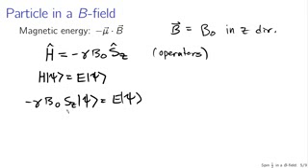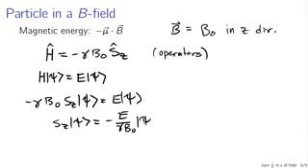Our operator is S sub z, our state is psi, and our eigenvalue: S sub z acting on psi is given by the eigenvalue minus E over gamma B0 times psi. You know about the eigenvalue problem of S sub z, though.